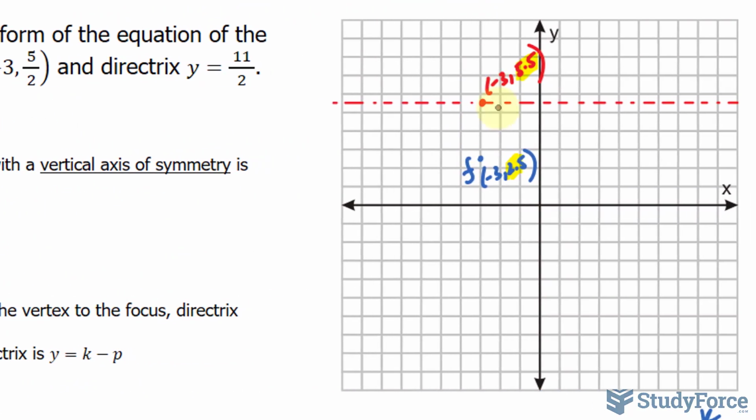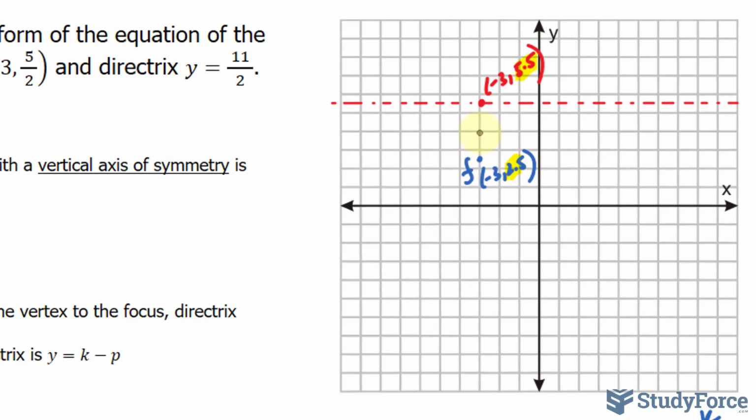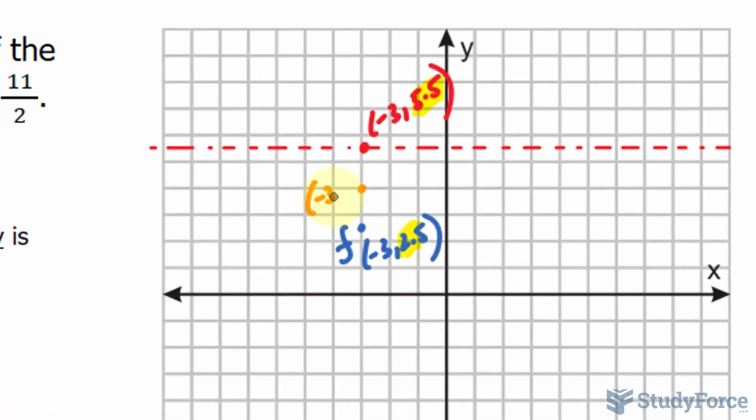Now p represents the distance from the vertex to the focus or directrix. So the distance from this point that we just found, -3 and 4, to either this red point or that blue point. All we have to do is subtract 4 and 2.5, or 5.5 and 4.